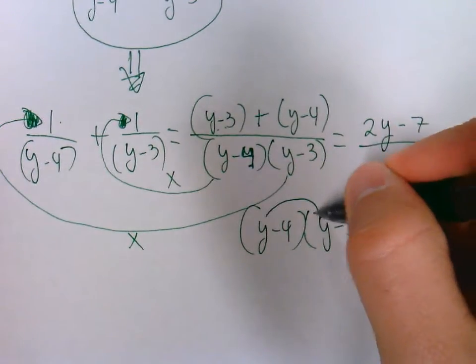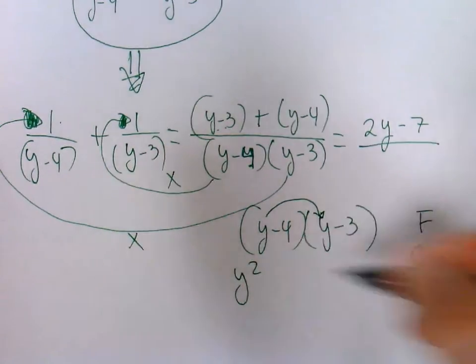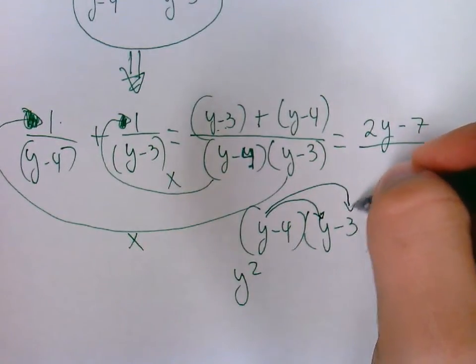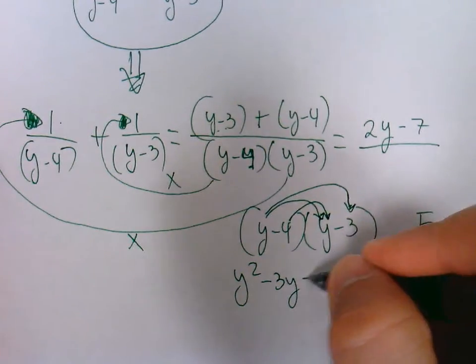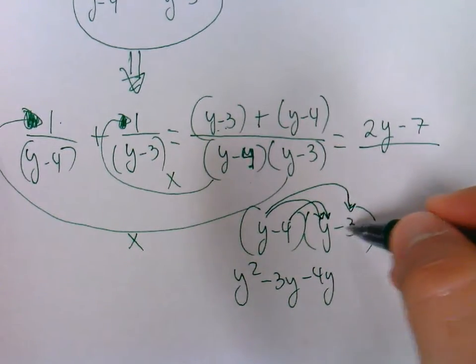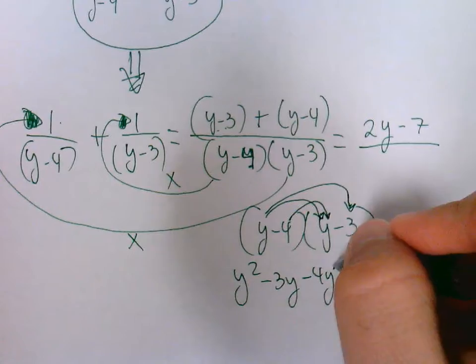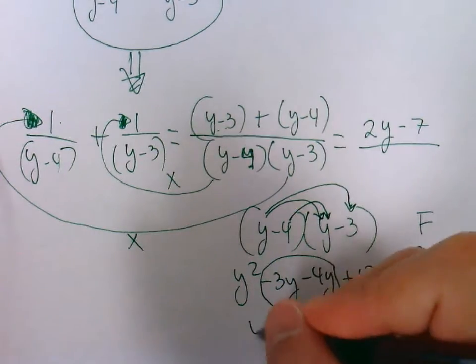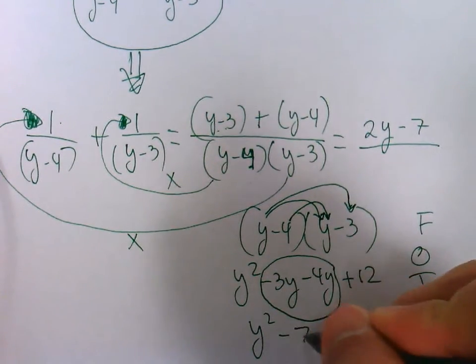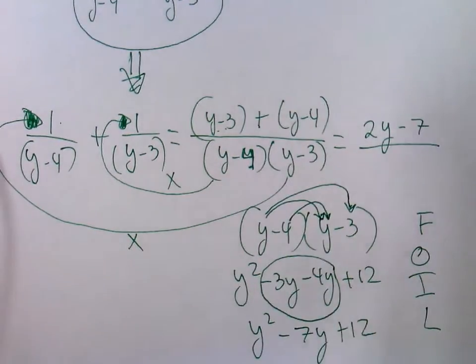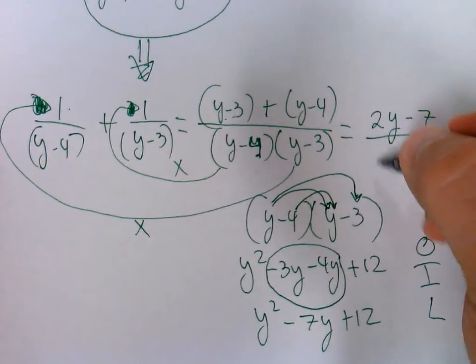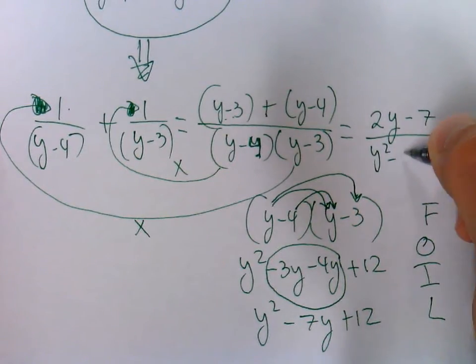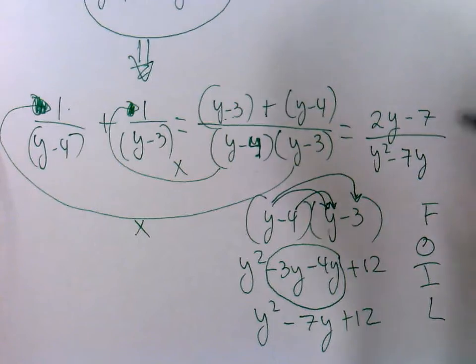So I'm going to multiply my first terms, y times y, that is y squared, y times negative 3, that is minus 3y, negative 4 times y is minus 4y, negative 4 times negative 3 is positive 12. And I'm going to combine the terms in the middle, which will give me negative 7y plus 12. So I'm going to write this as my denominator, and this is the expanded form: y squared minus 7y plus 12.